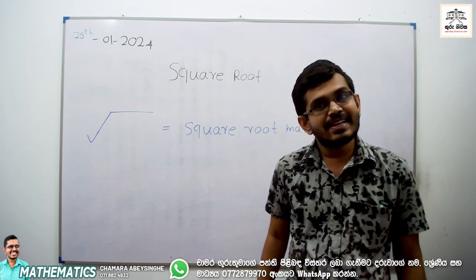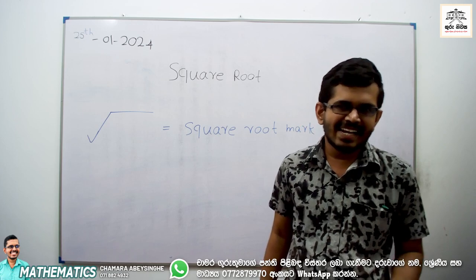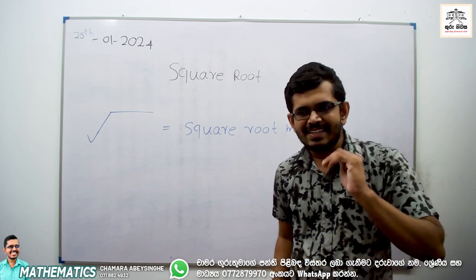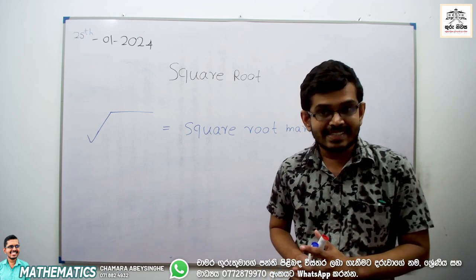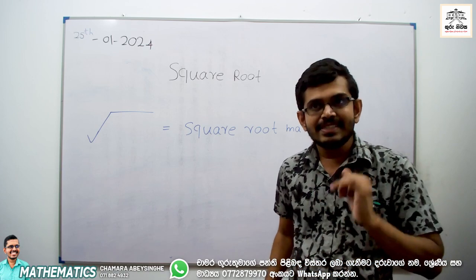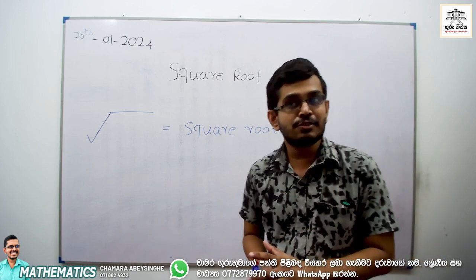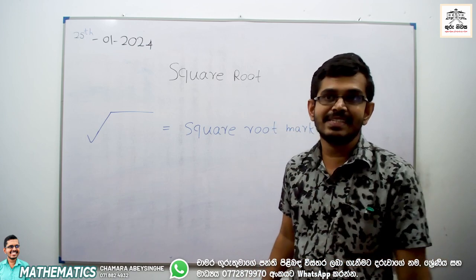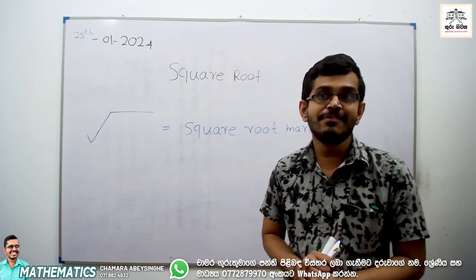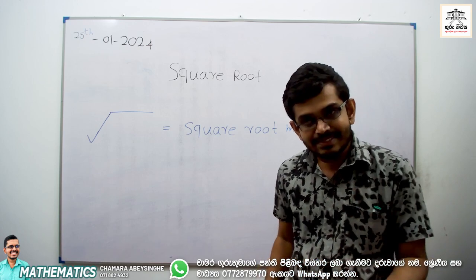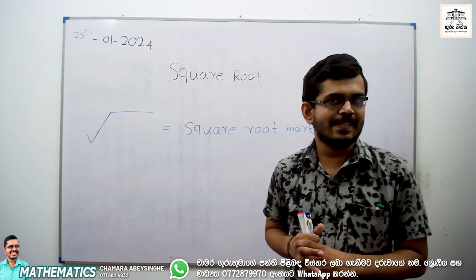Square root, grade 8 you have learned. Can you remember you studied in grade 8 how to find the square root? There are two methods. One is using the prime factors and the other one is the observing method.